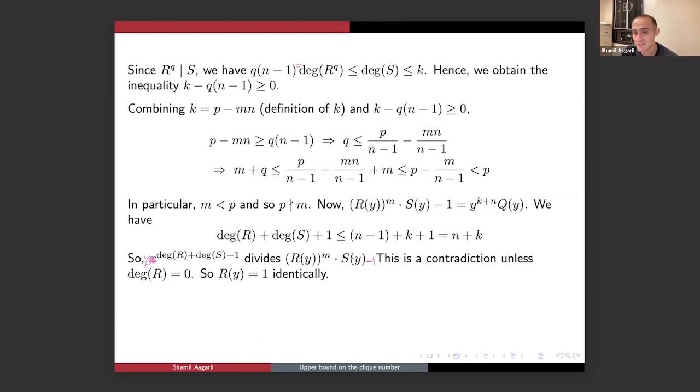We had a lemma that says that this cannot happen, that this is too much of a power that cannot divide this quantity. That means that degree of r has to be 0, otherwise we have a contradiction, but then r of y is 1.